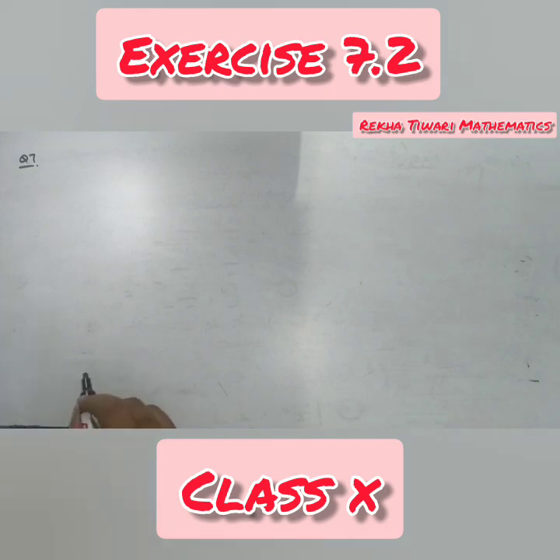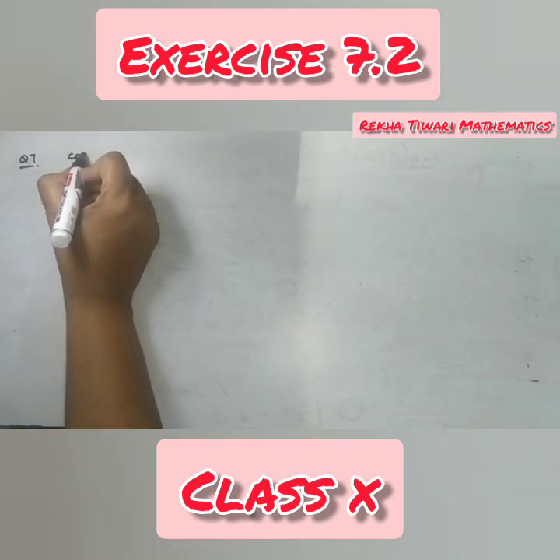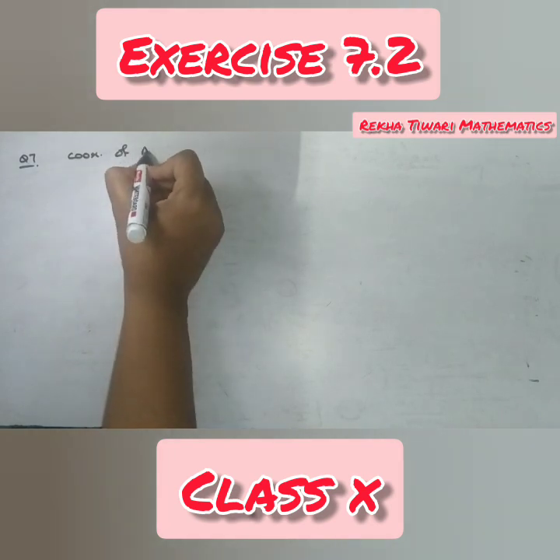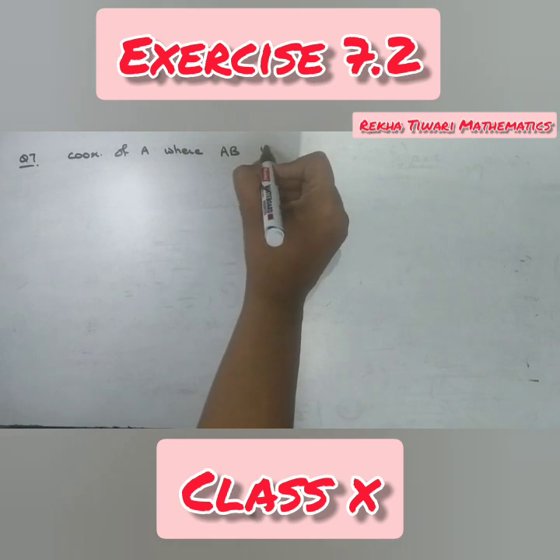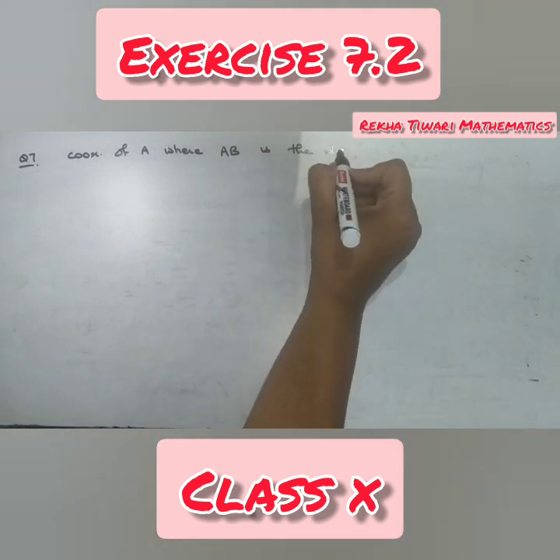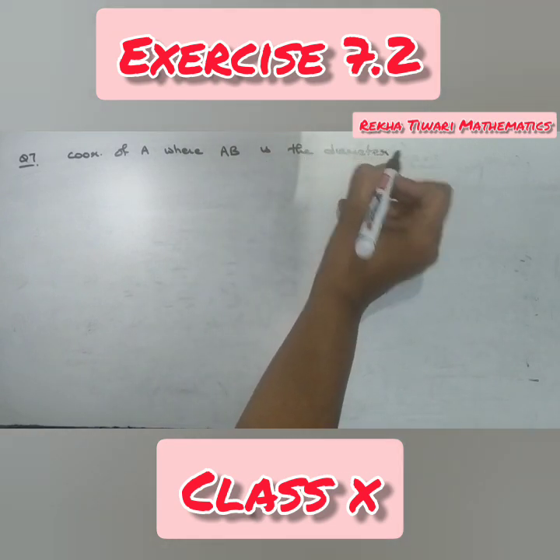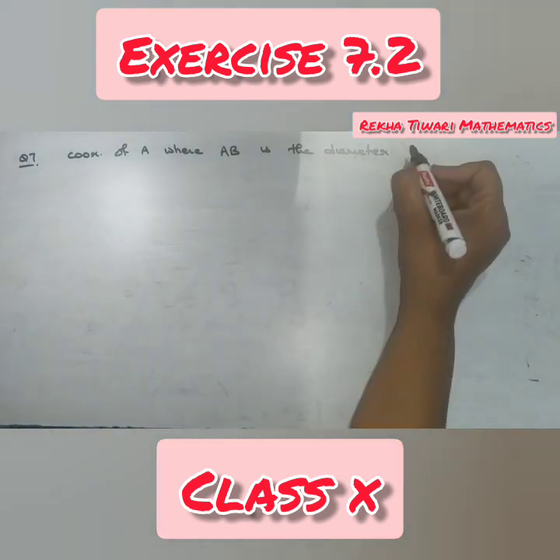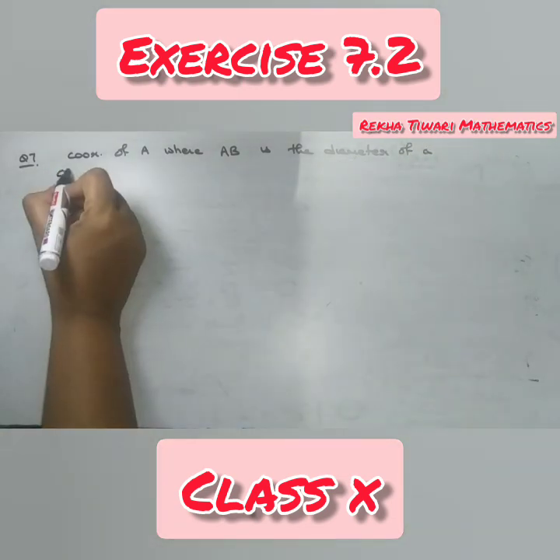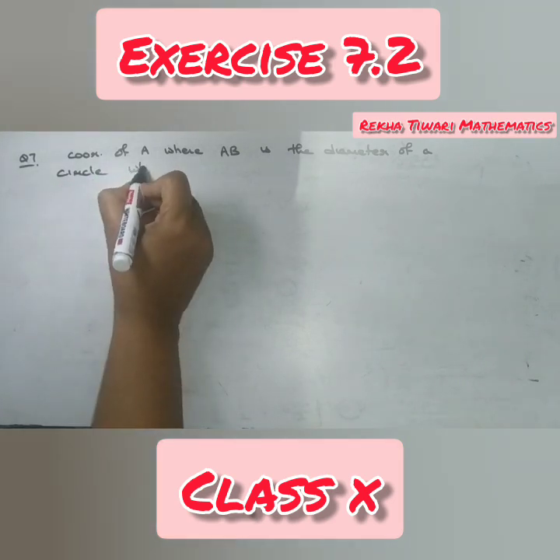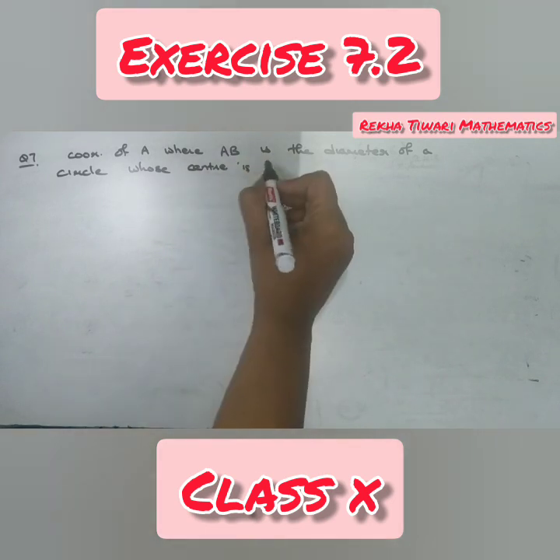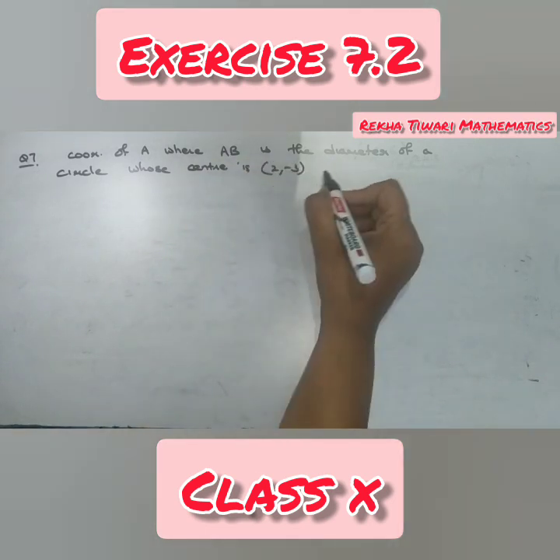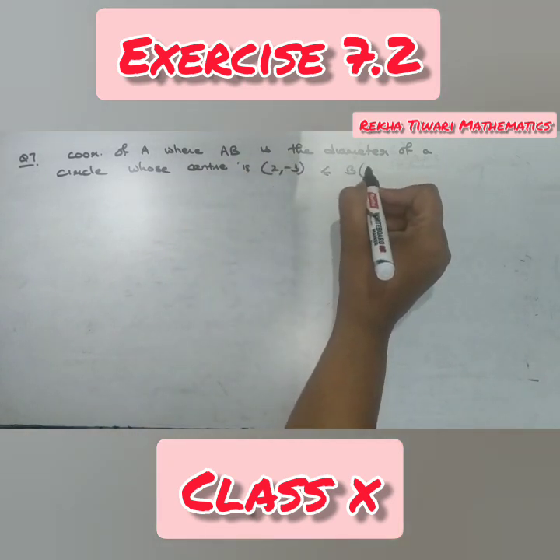Find the coordinates of a point A. You have to find out the coordinates of A, where AB is the diameter of a circle whose center is (2, -3), and the coordinates of B are given to you as (1, 4).